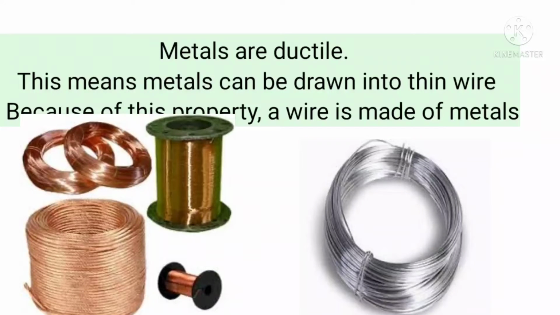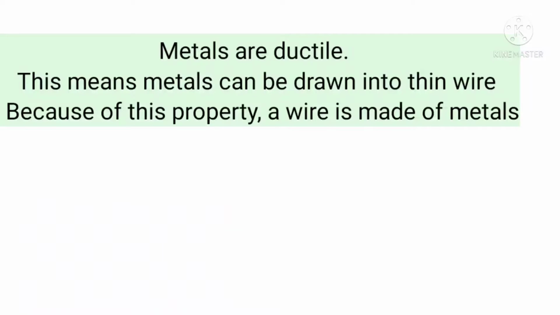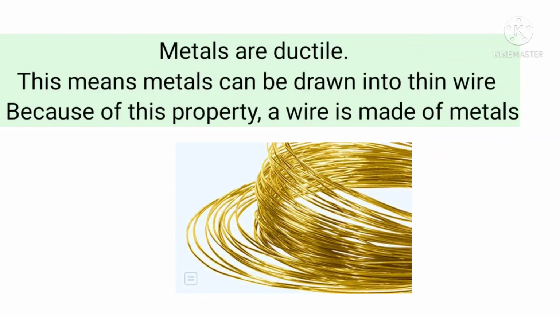Metals are ductile because metals can be drawn into thin wires. Do you know which metal is the most ductile metal? It is gold, because 1 gram of gold can be drawn into a wire of about 2 kilometers in length.